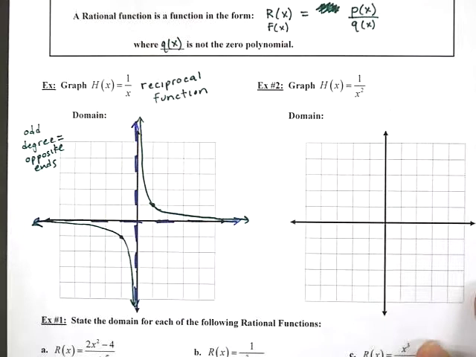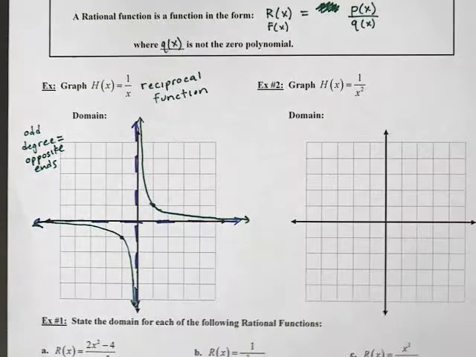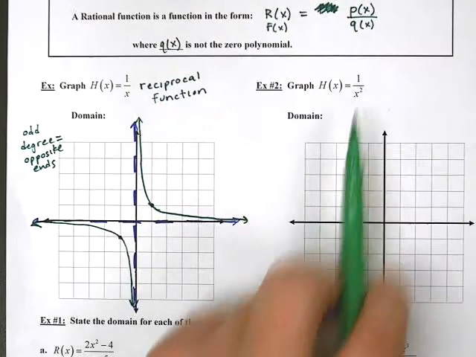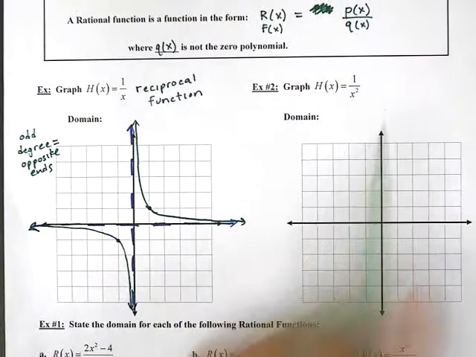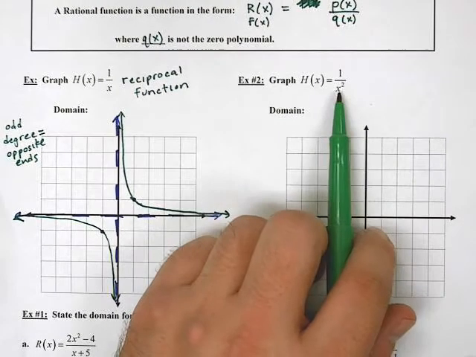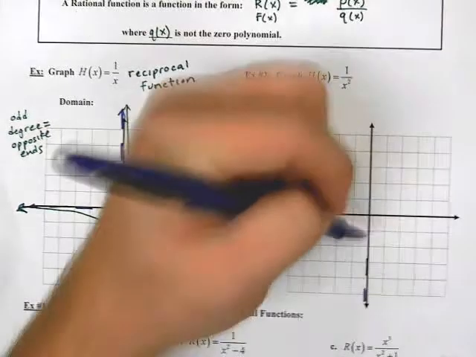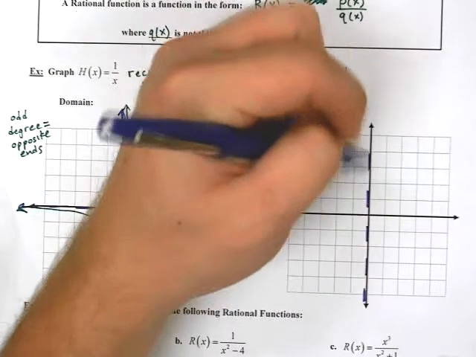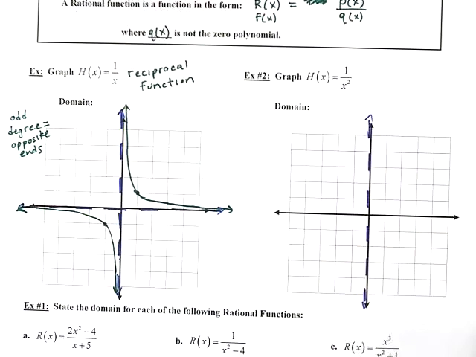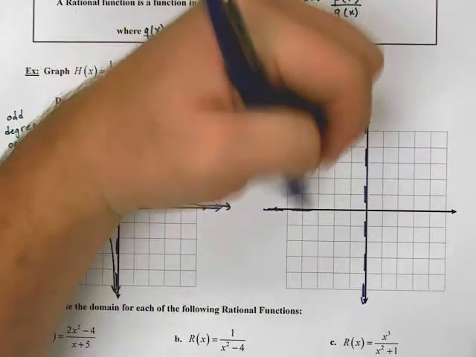And hopefully I will drive home this fact on the next graph, because now when I look at h of x in example 2, I no longer just have 1 over x, I have 1 over x squared. Same type of thing. Can I plug in a 0 for x? No. I'm still going to have a vertical asymptote at 0, and a horizontal asymptote at y equals 0.